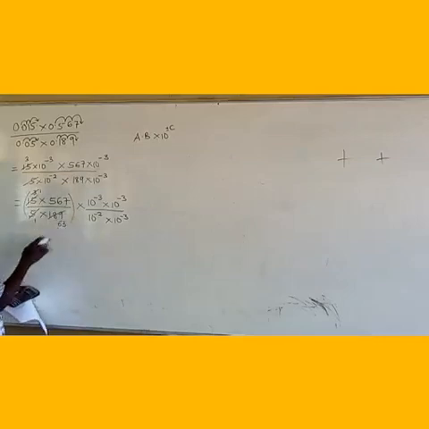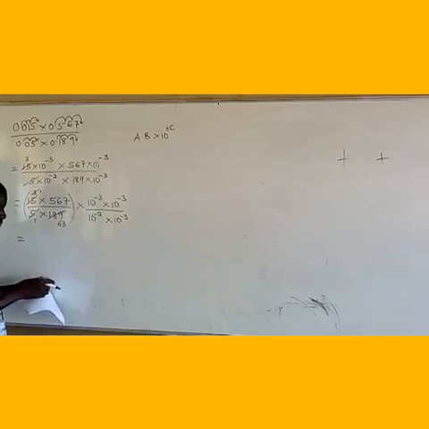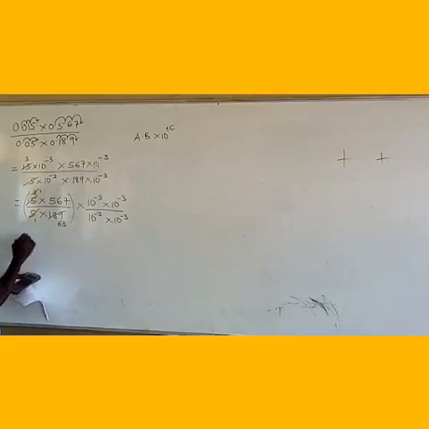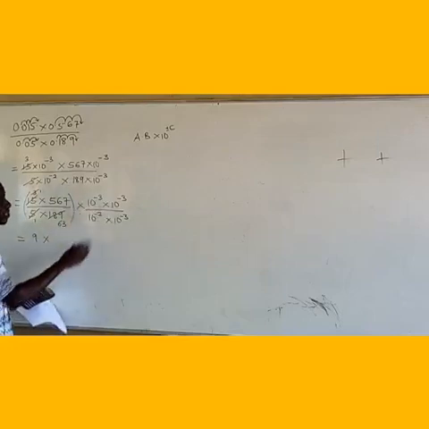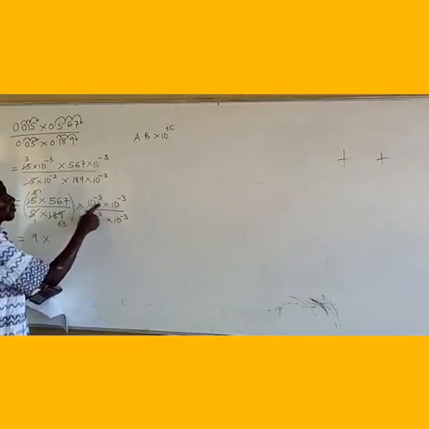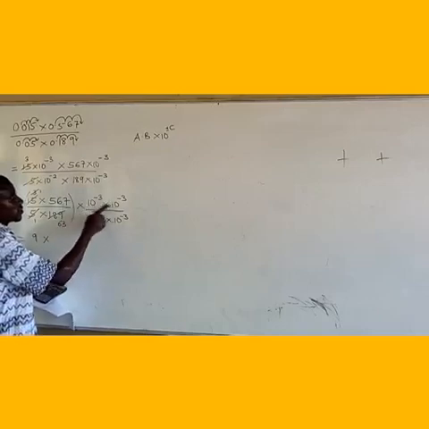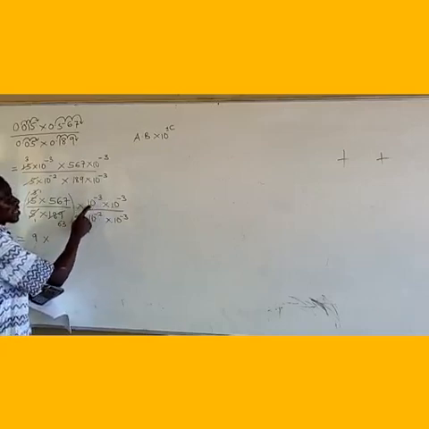Now let's come to the right. We have 1 times this, but can 63 divide this? If 63 can divide this, let's quickly do so. 567 divided by 63 gives us 9. So 9 times, now let's perform the indices here. We have the exponential terms, and the base here is the same.